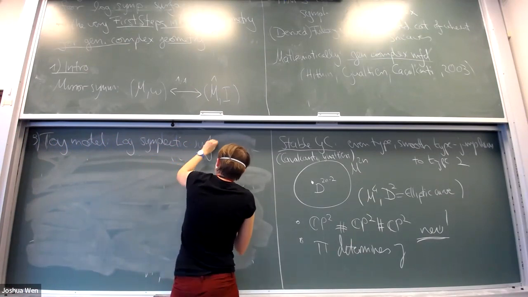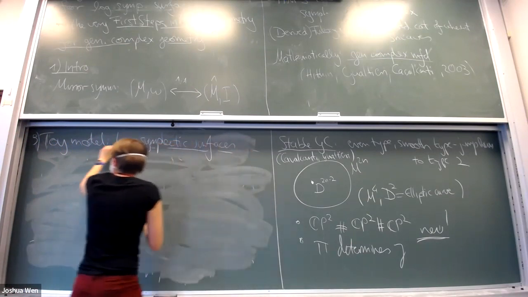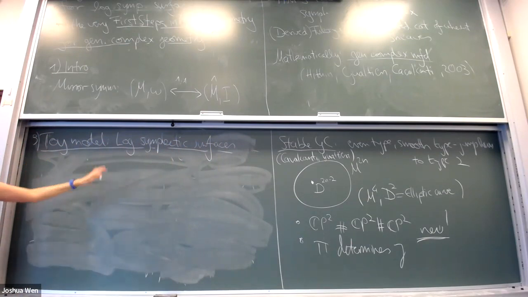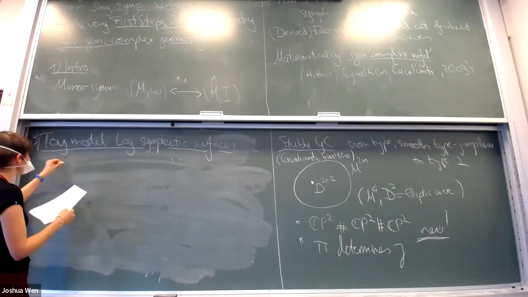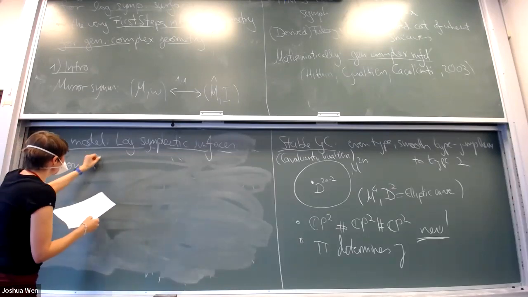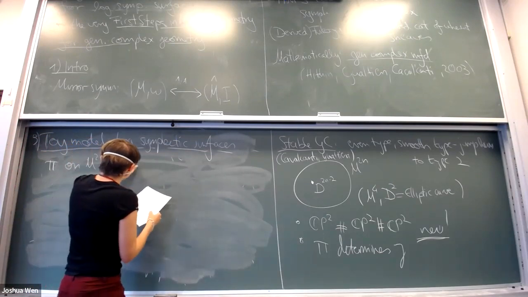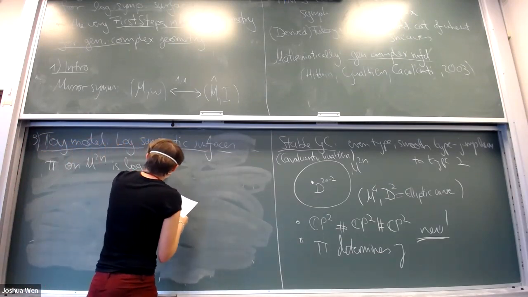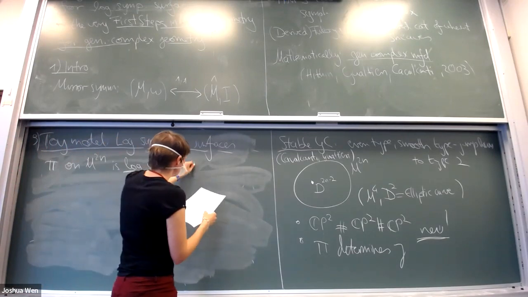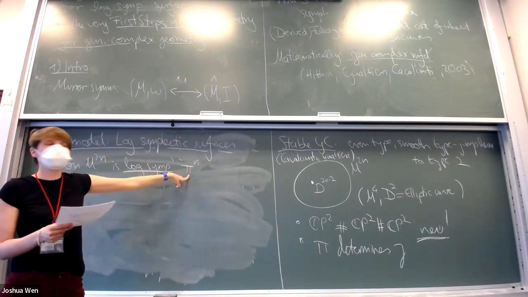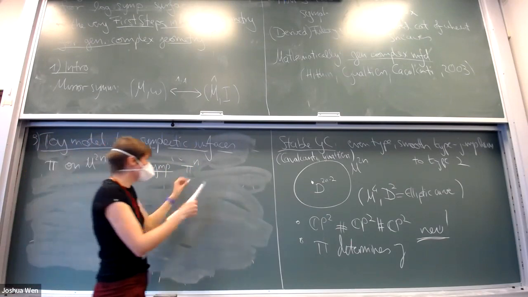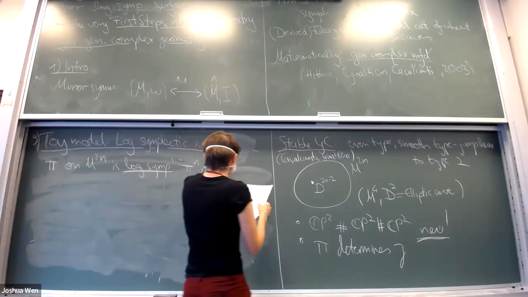Log symplectic geometry works in all even dimensions. So in general, a Poisson bivector on an even-dimensional manifold is log symplectic if its top power, so the nth power, which is in the top power of the tangent bundle, intersects the zero section transversely.